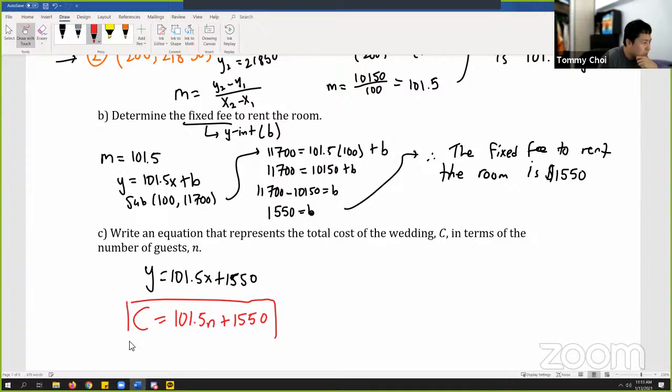I've just replaced x and y with C and n. It doesn't change anything. It's understanding that n is x and C is y.